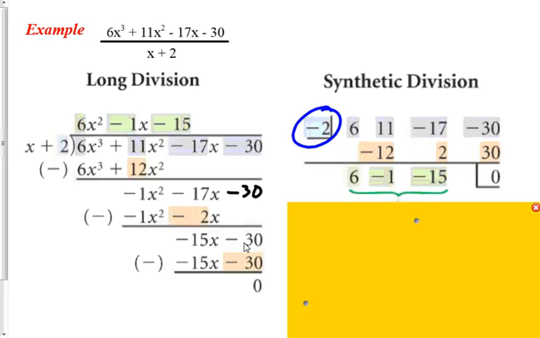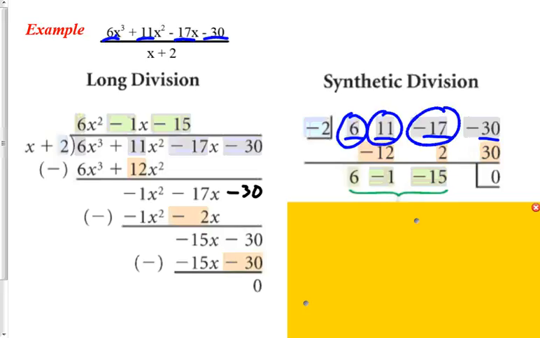I found this negative 2 by looking at this positive 2 up here and taking the opposite of it. So the opposite of positive 2 is negative 2. Now the next step here is to write out the coefficients of the number that we are dividing. In this case, it is 6x cubed, 11x squared, negative 17x, and a constant of negative 30.